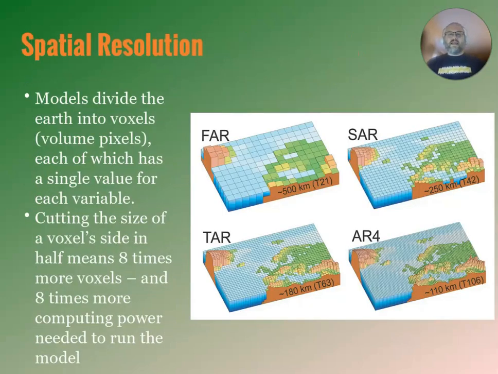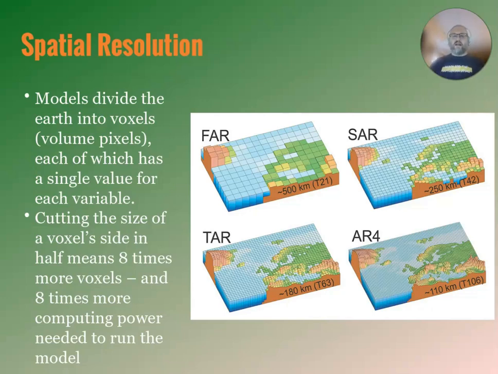Okay, so let's dig in a little bit more on the issue of spatial resolution so you can see how this gets incorporated into our climate models. So climate models tend to divide the Earth into what are called voxels, which is volume pixels, right? You're familiar with pixels in like a photo, or the little squares. So if you are doing 3 dimensions, then those squares become little cubes, and we call those voxels, volume pixels.